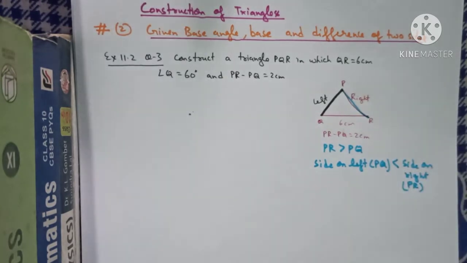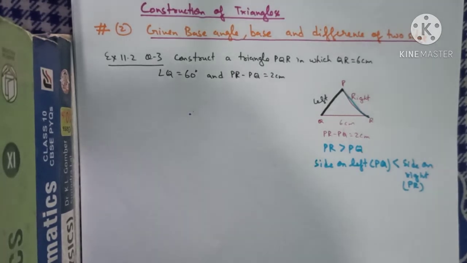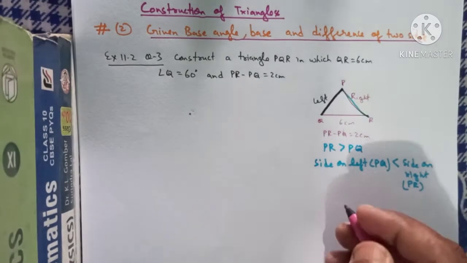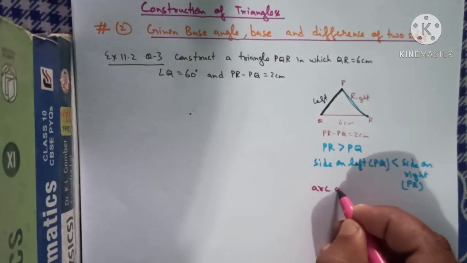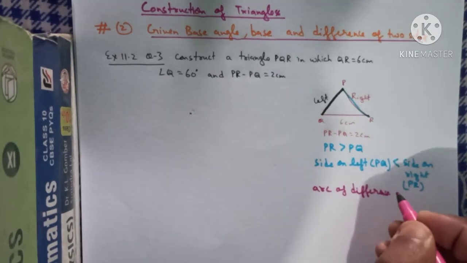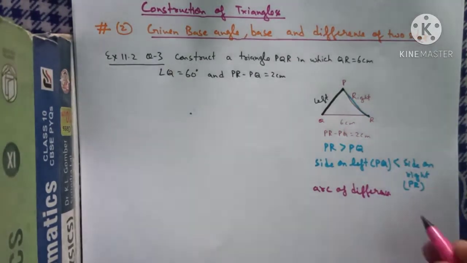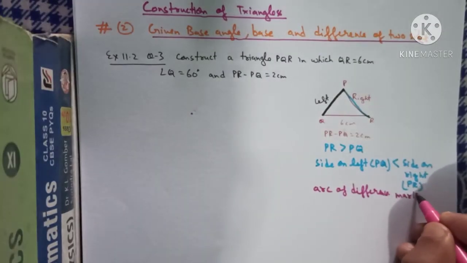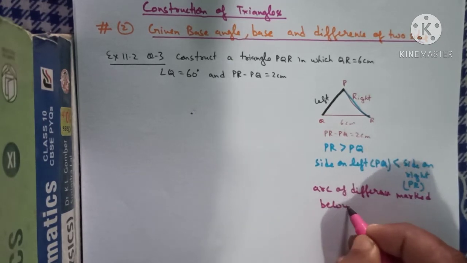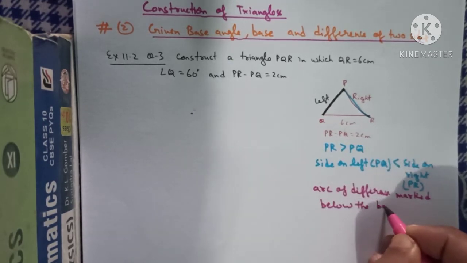Okay. In the earlier question, the side on the left was greater, but in this question the side on the left is smaller. And if the side on the left is smaller, then we will take the arc of difference below the base QR.